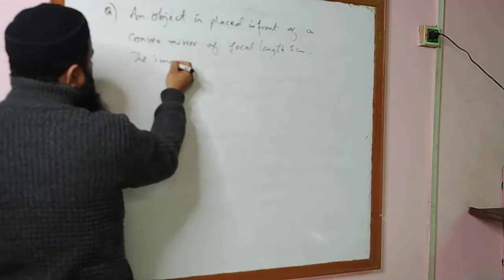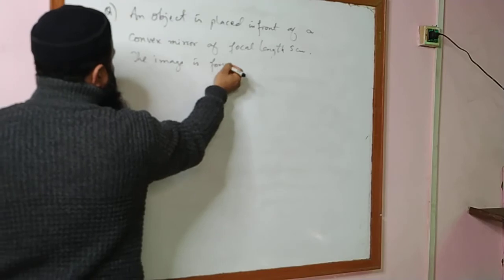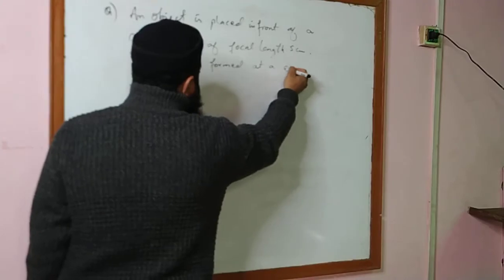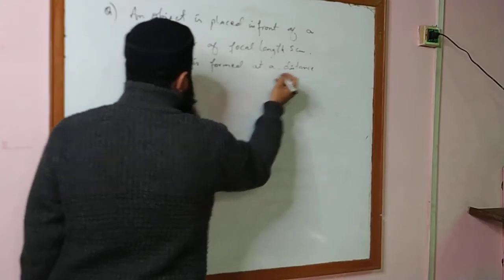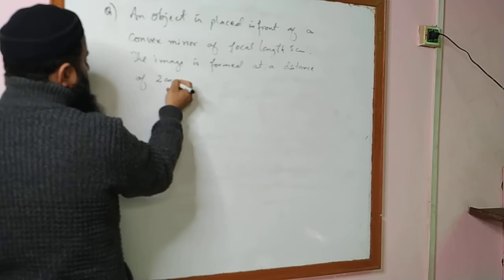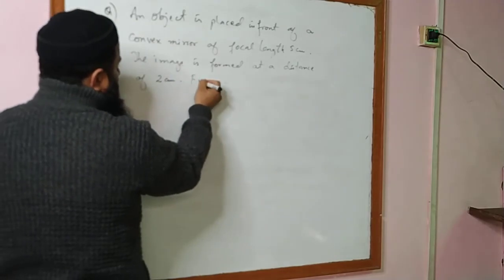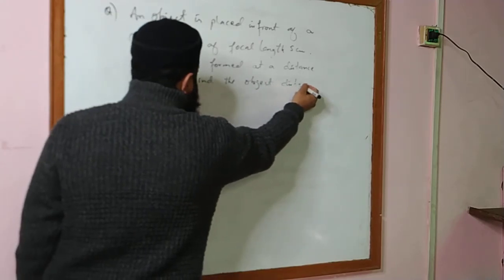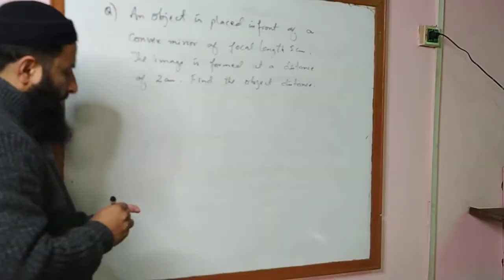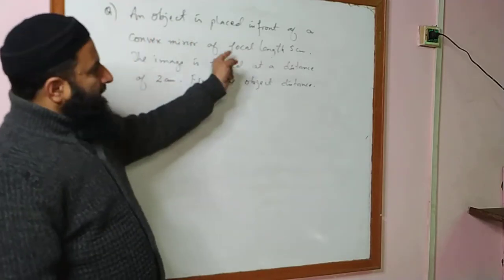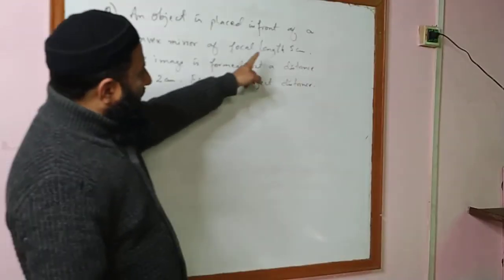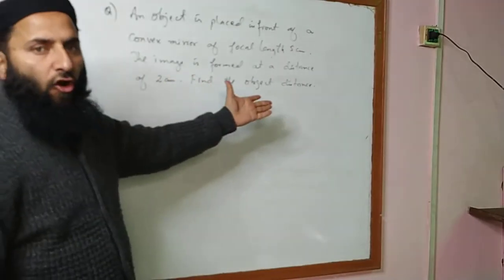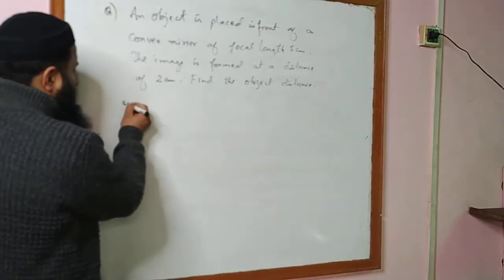The image is formed at a distance of 2 centimeter. Find the object distance. Okay, an object is placed in front of a convex mirror of focal length 5 centimeter. The image is formed at a distance of 2 centimeter. Find the object distance. So what is given there?